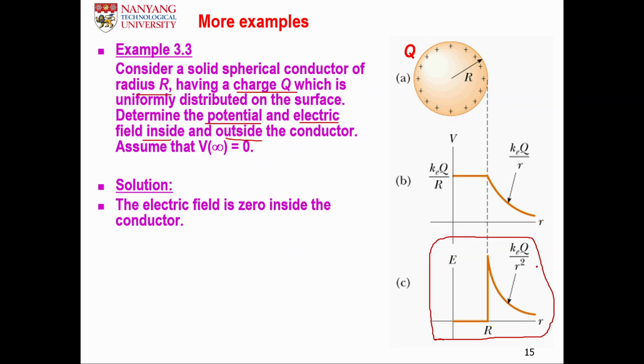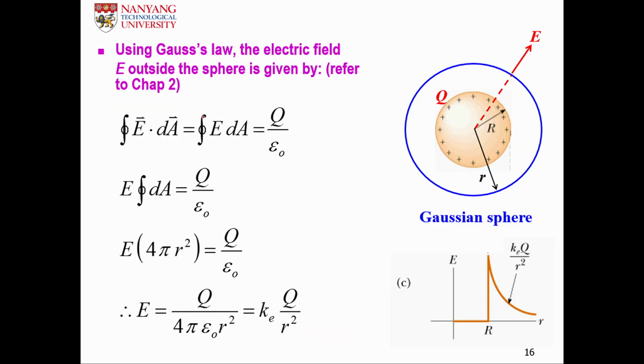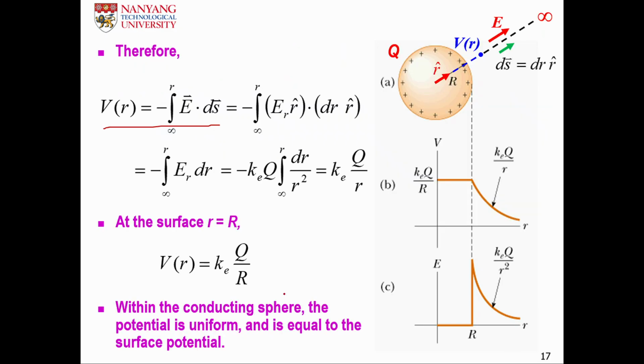So we already have the electrical field E. And from E to V, we can use this one. This is exactly the same procedure we have done, to determine the electrical field E using Gauss's law. And once we have this, we can continue from E again to V.